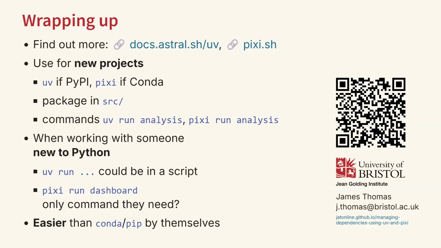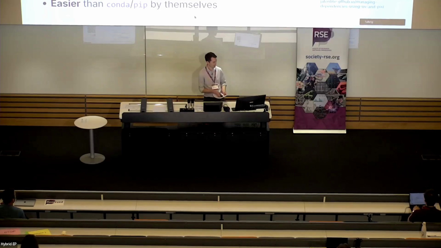When we've been working with people who aren't very familiar with Python but are learning it, although it seems like it's another layer for them to learn on top, actually what we've been able to say is, in one example, with someone we've been working with, just run pixi run dashboard, and then they get their Streamlit or Shiny dashboard that comes up, and that's actually made it much easier for them. So yeah, that's me. Thanks very much.